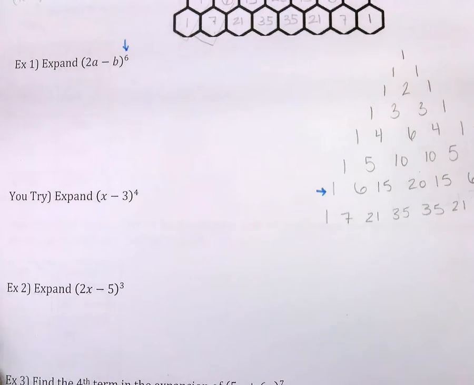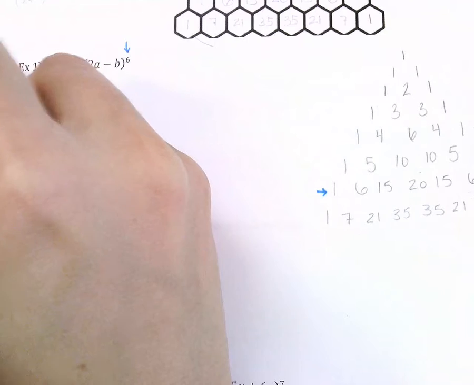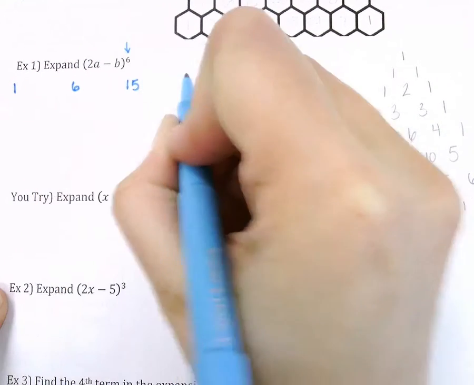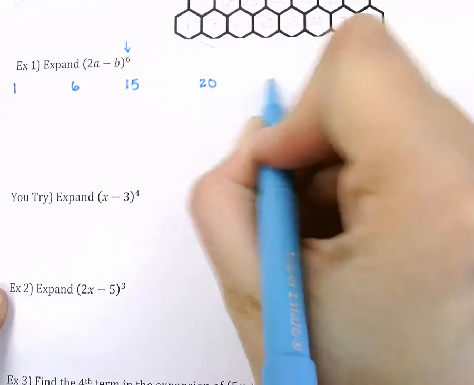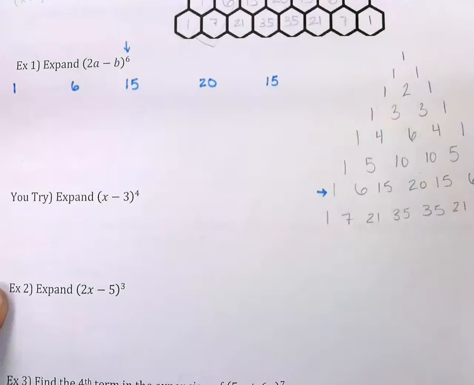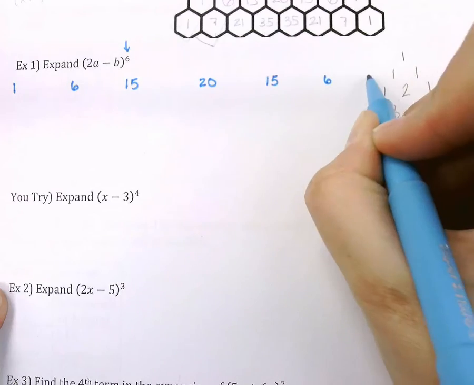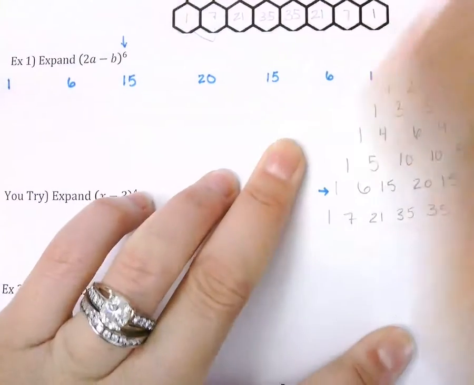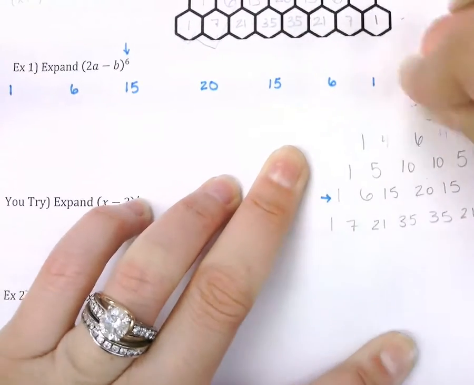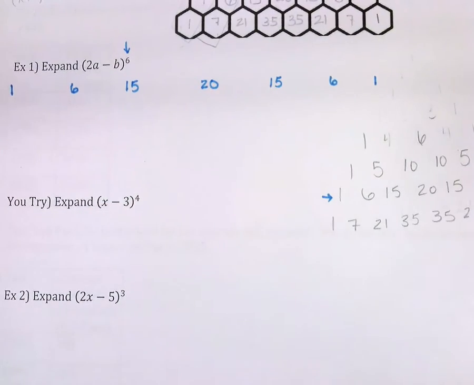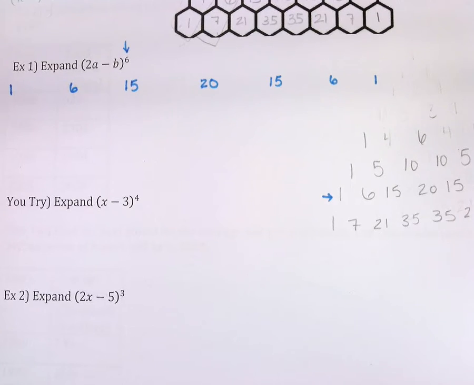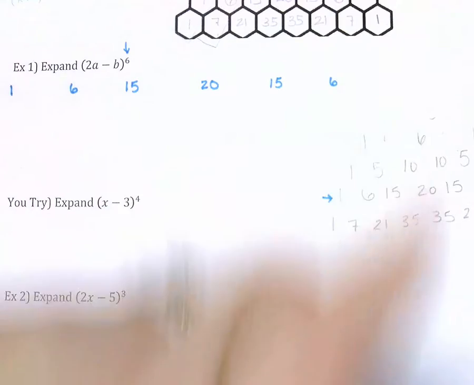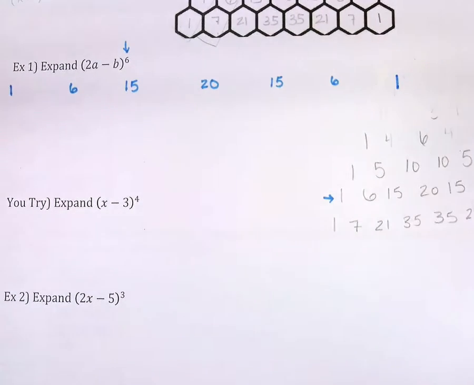So we start by writing those down, and you want to leave space in between each term, because we're going to put other stuff there too. I'm going to erase the top half of this triangle. Okay, those are our coefficients.